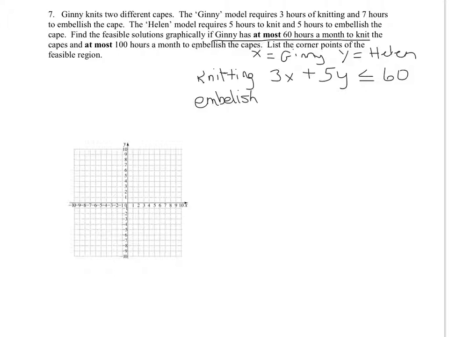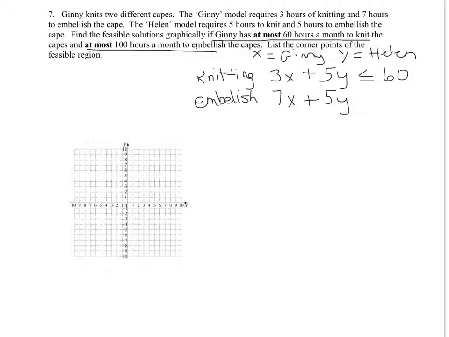That's the first inequality. Now for embellishing, if you go back to the Jenny model, she needs 7 hours to embellish. So that's 7x for the Jenny. For the Helen model, it takes 5 hours to embellish. So that's a 5y. And she has at most 100 hours a month to embellish.